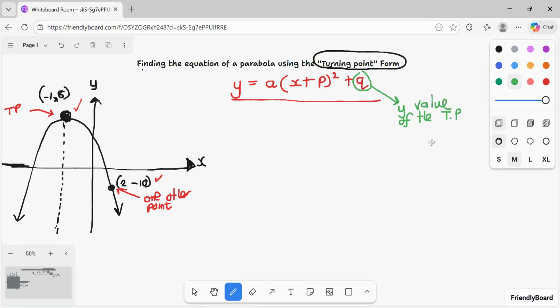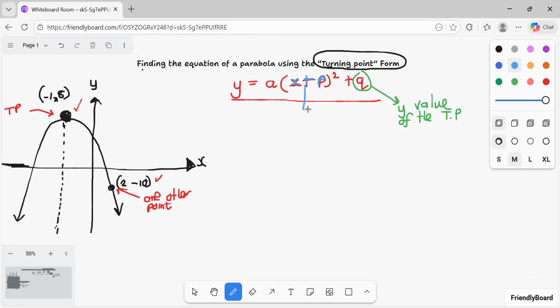All right. Let me use another color. So you see this x plus p inside of this bracket. The x plus p that is inside of this bracket gives us what is called the axis of symmetry.